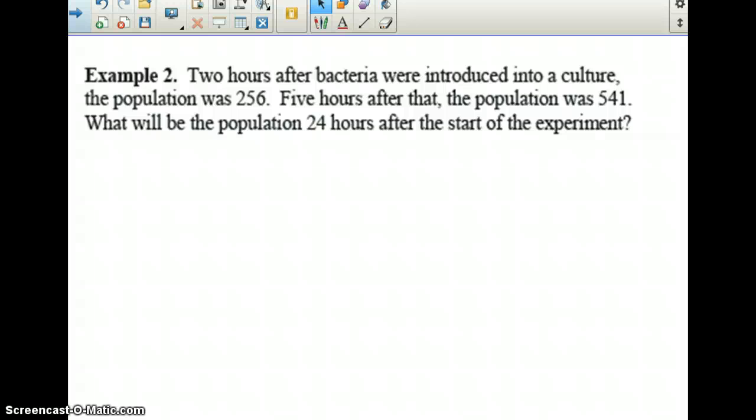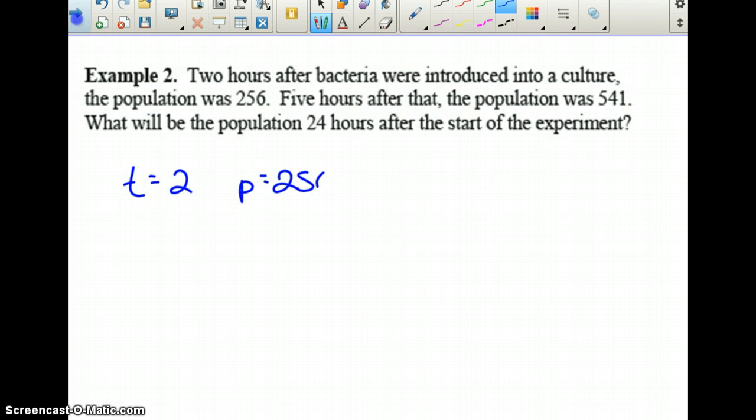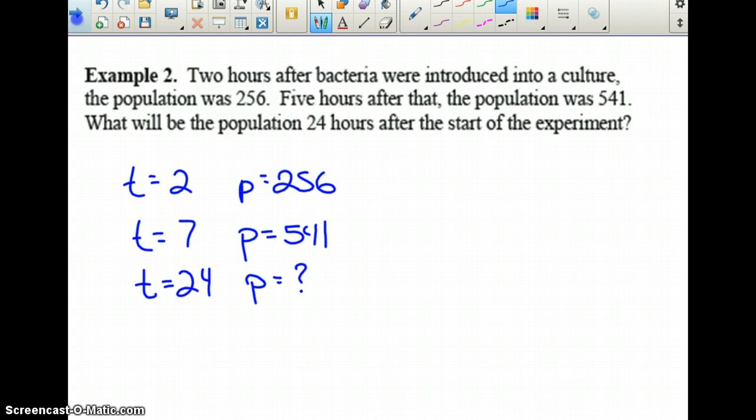We only know the population when t equals 2, the population is 256. And when t equals 7, be careful, P equals 541. We want to know when t equals 24, what P equals.